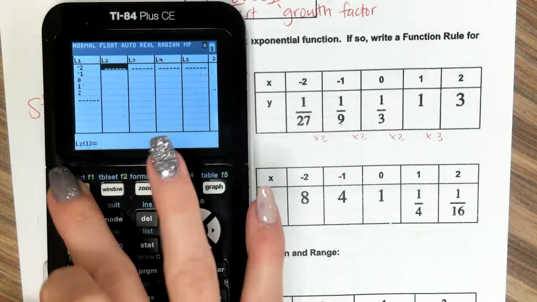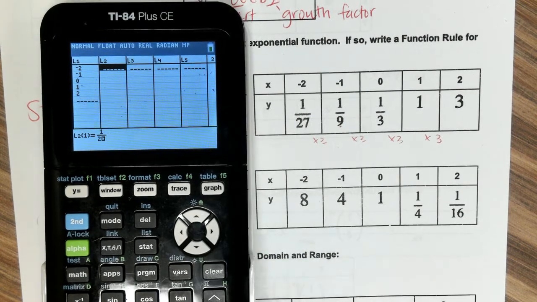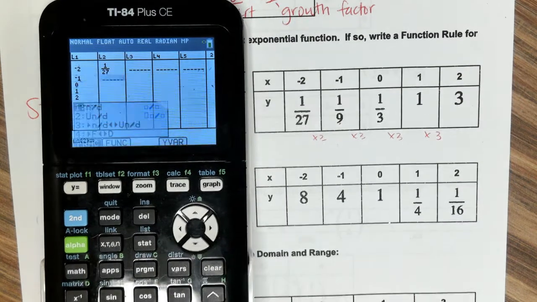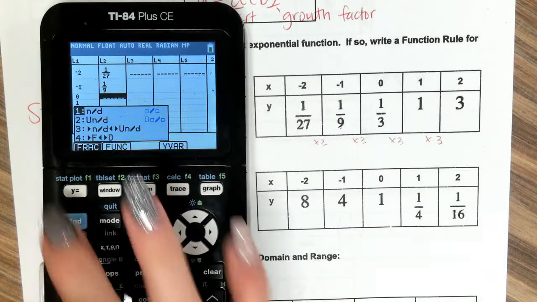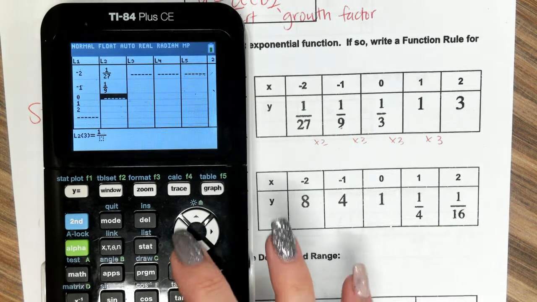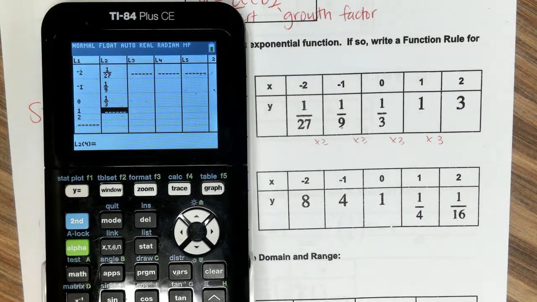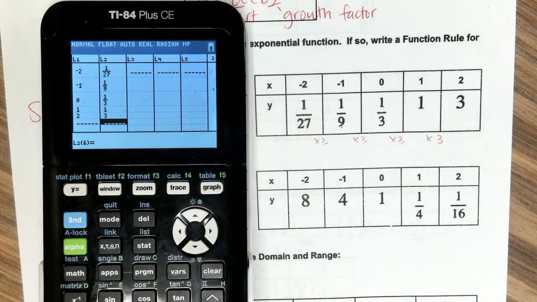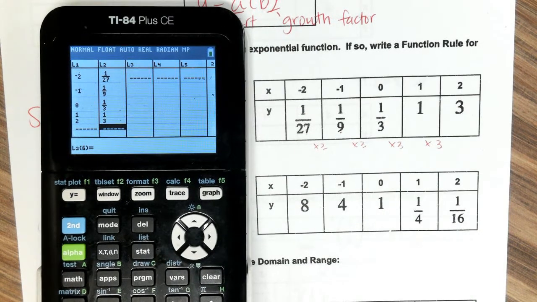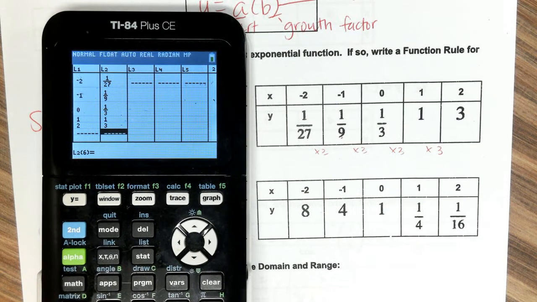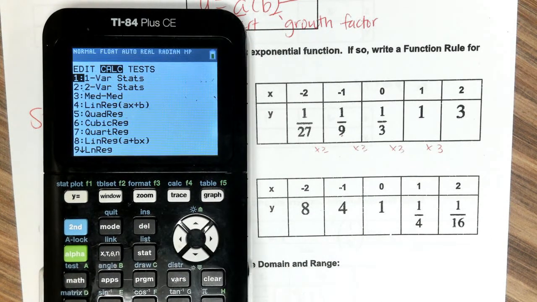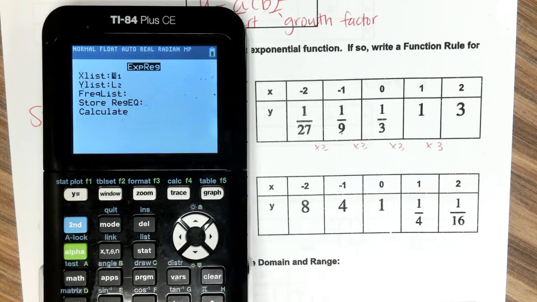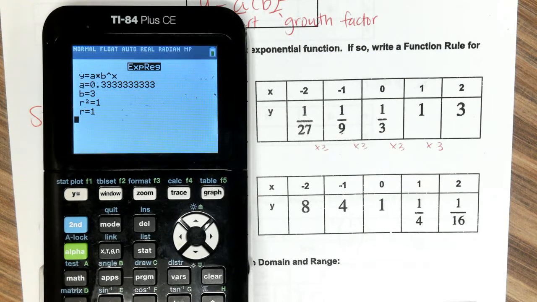And then I need alpha y equals 1 over 27. So once you have your table in, what are you going to hit? Stat. Calc, option 0, and there is your equation.